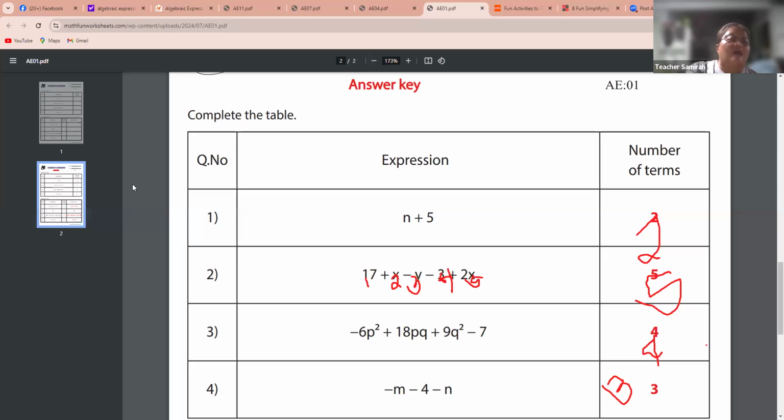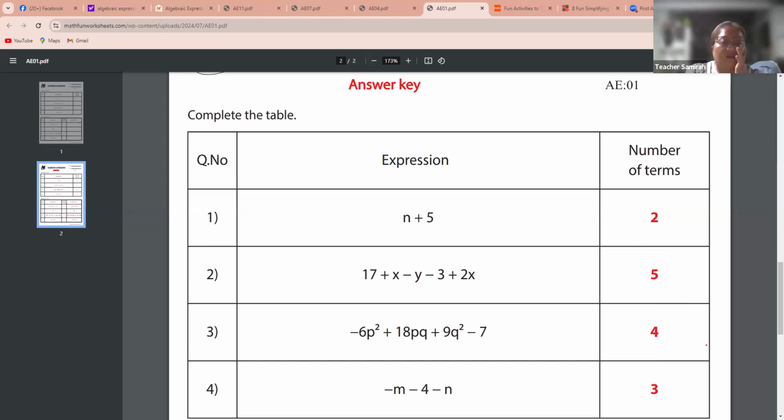So who got 4 out of 4 here? Who got 2, 5, 4, and 3? Anyone? Hinda, what is your score?